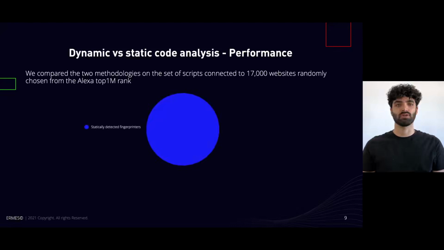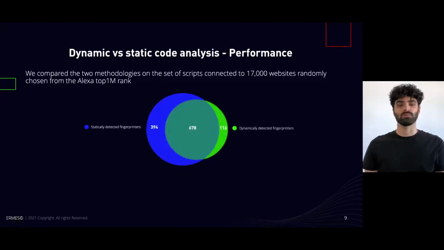And as we can see from the figure, both methodologies agreed on classifying 778 scripts as fingerprinters, but then the static code analysis also identified as fingerprinters 394 scripts, which were identified as non-fingerprinters by the dynamic code analysis, while on the other side, the dynamic analysis labeled 116 scripts as fingerprinters, while the static code analysis missed them.